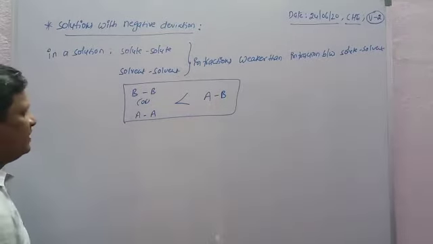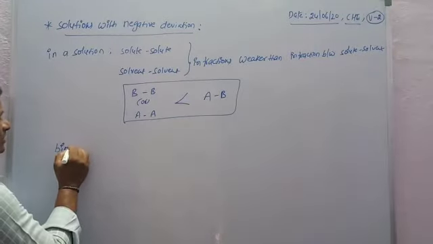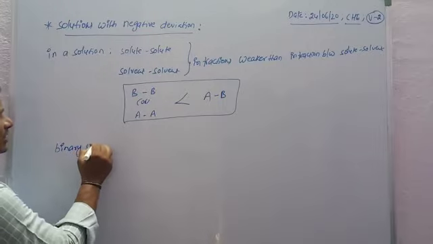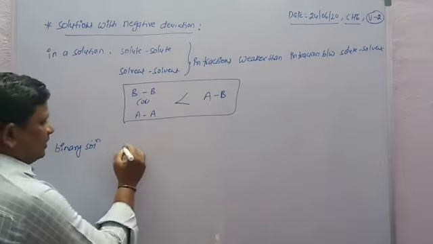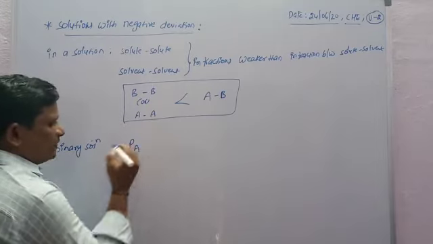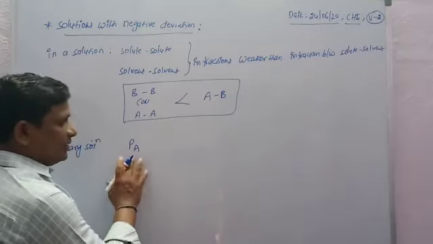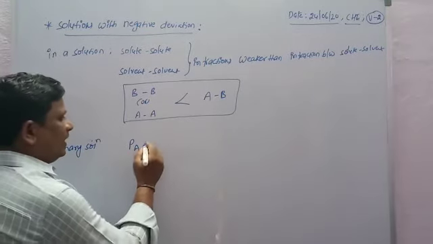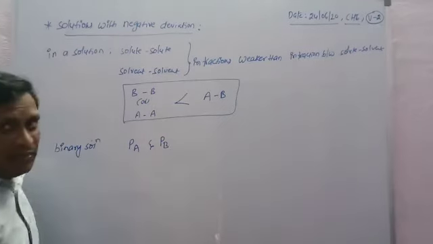Now it is explained with one suitable example. Let us consider a binary solution. In the binary solution, the partial vapor pressure of the solvent is PA and the partial vapor pressure of the solute is PB.